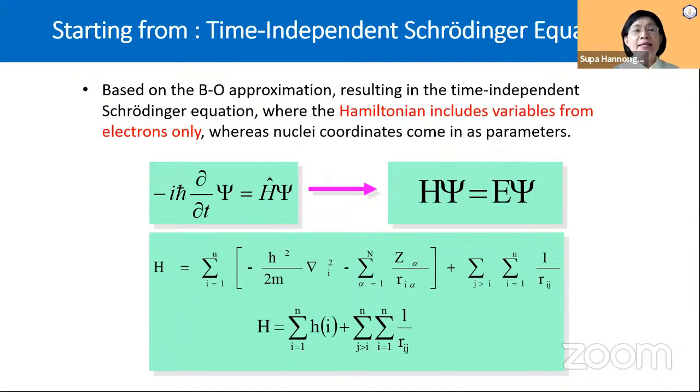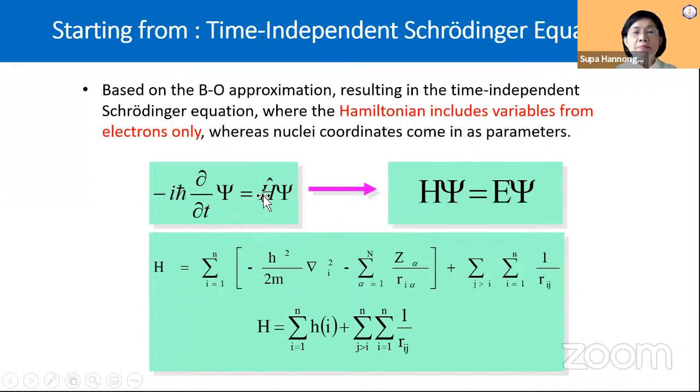Okay, and based on the Born-Oppenheimer approximation, we obtain the time independent Schrödinger equation where the Hamiltonian operator includes the variables from electrons only. And the nuclei coordinates will come back later on as parameters.